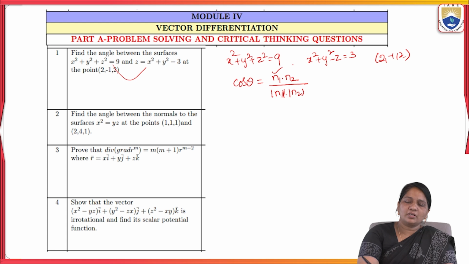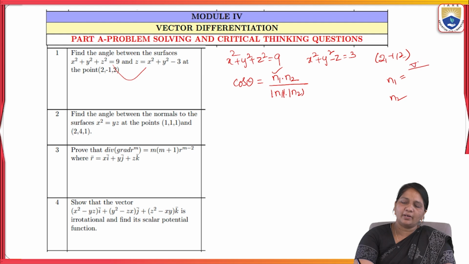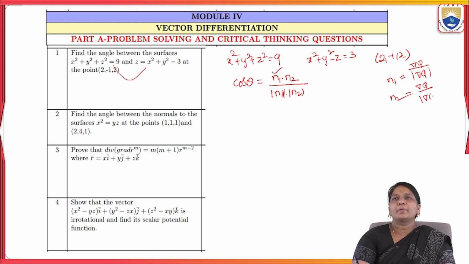What is n1? n1 is the unit normal for the first surface. What is n2? n2 is the unit normal for the second surface. What is n1 here? What function are we going to take? ∇φ / |∇φ|. This is the n1 value. n2 is also ∇φ / |∇φ|. This is n2. So we can calculate here to find the angle.